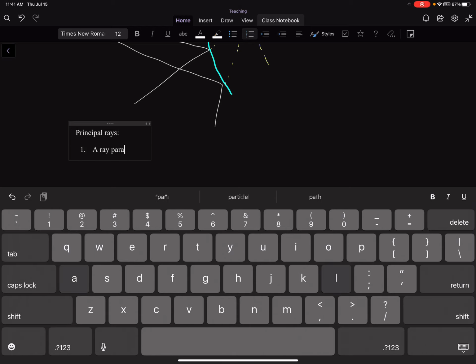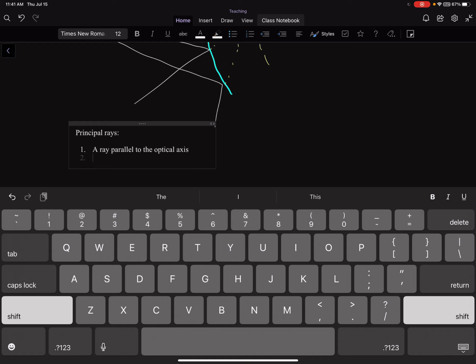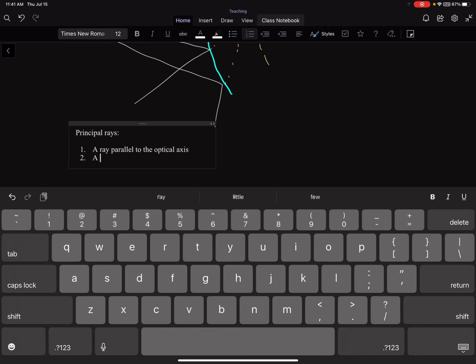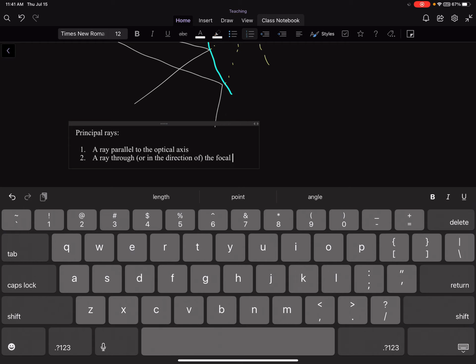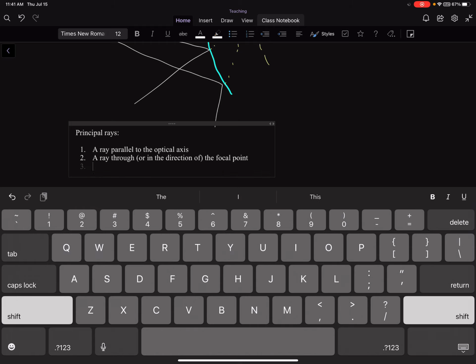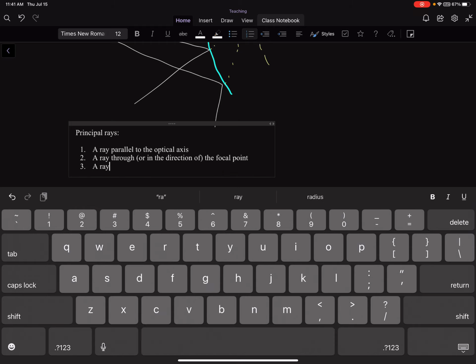So one of them is a ray parallel to the optical axis. And this one sometimes can just be implicit because it's just going to reflect right back usually. And then the second one is a ray through or in the direction of the focal point. A third one is a ray along the radius or in the direction of center of curvature, right?